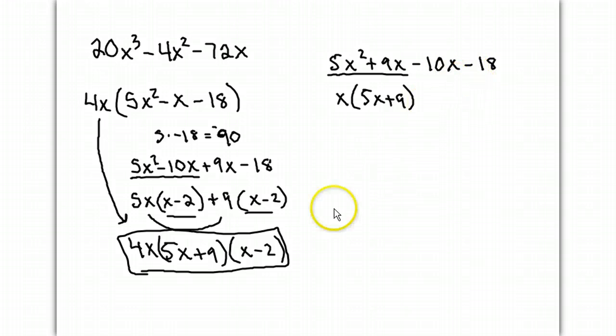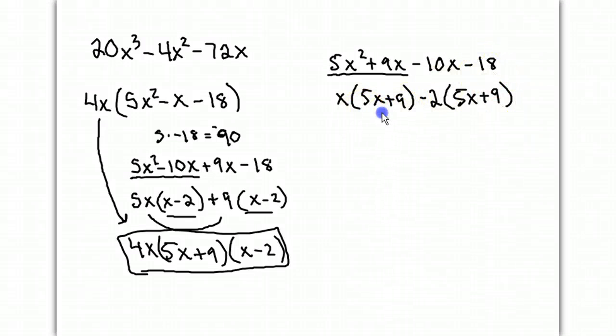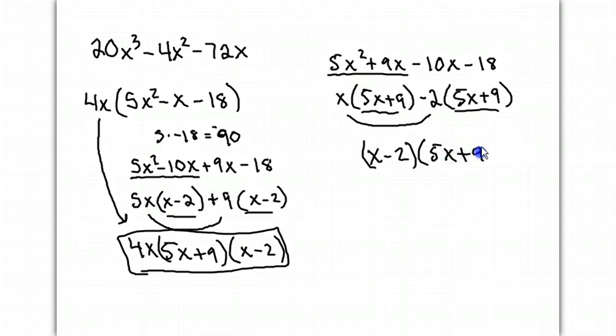So I'm going to pull out a negative 2, and what I'm left with is a positive 5x and a positive 9, because negative 2 times 5x is negative 10x, and negative 2 times positive 9 is negative 18. Since these match, I put my x minus 2 together, and then I bring down my 5x plus 9. So you essentially still get the same answer that we got here, even if you rearrange the 9 and negative 10. It doesn't really matter.